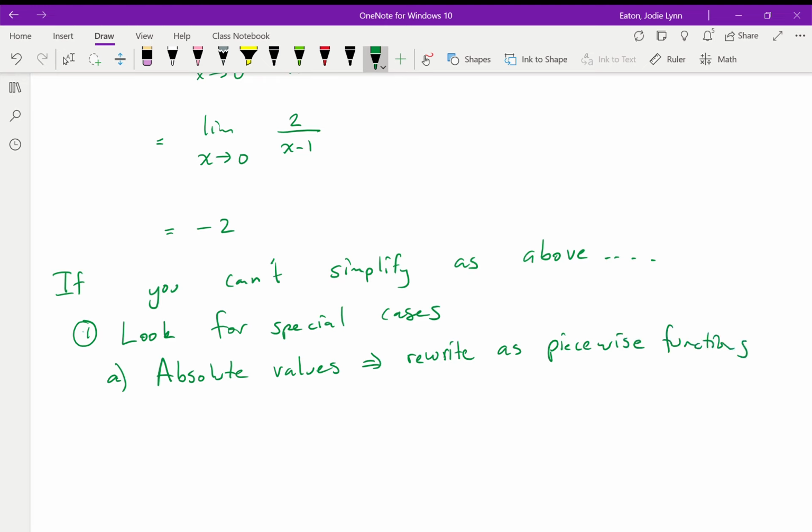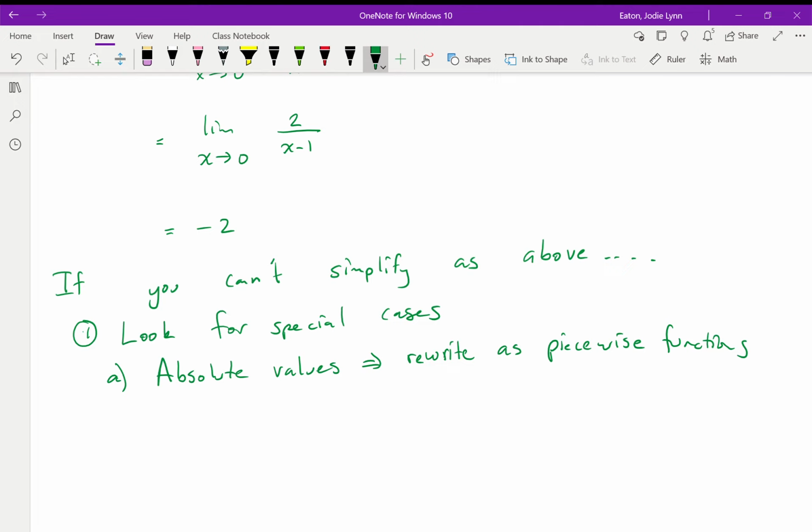Okay, and if it's a regular absolute value and your limit exists, that's going to be pretty helpful. It's only the case where you're going to need to do this is if you wind up with something indeterminate with an absolute value. Most absolute value limits, you probably could just plug in your number and get your answer. That's okay.